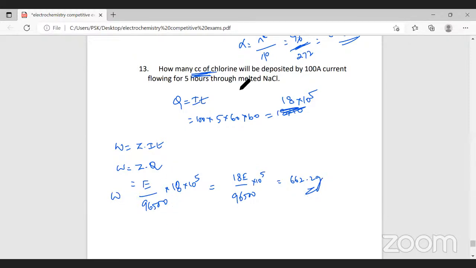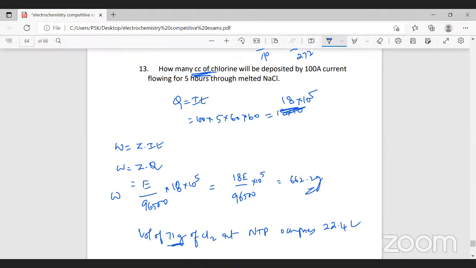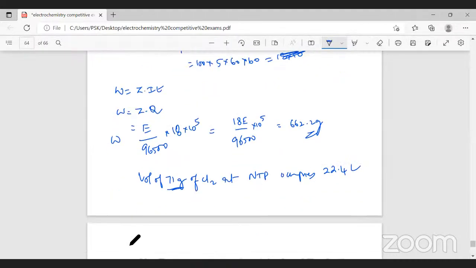You should remember they're asking you how many cc's. So 71 grams of chlorine at normal temperature and pressure occupies 22.4 liters. This is called molar volume, occupied by 1 mole of a gas. Chlorine atomic mass is 35.5. Since chlorine is Cl2, the molecular mass is 71 grams. So 71 grams of chlorine is 1 mole.